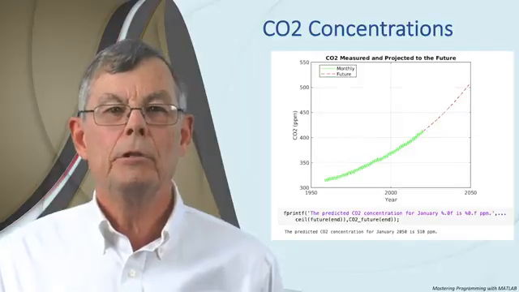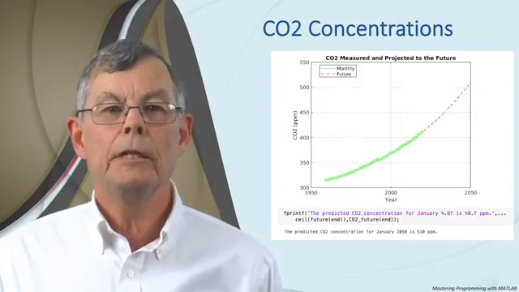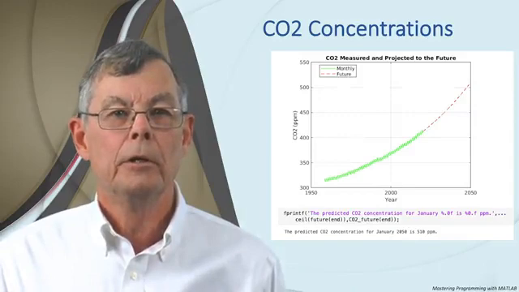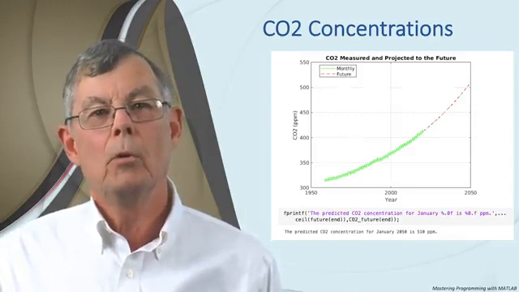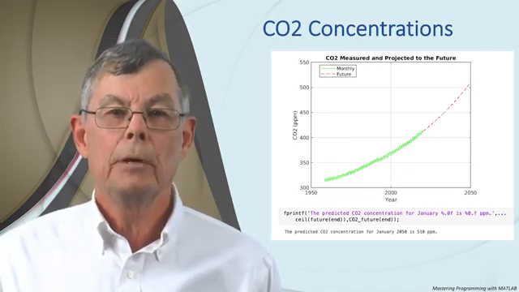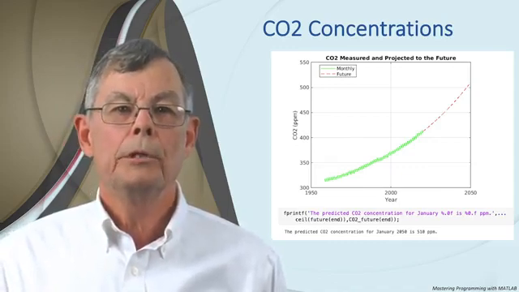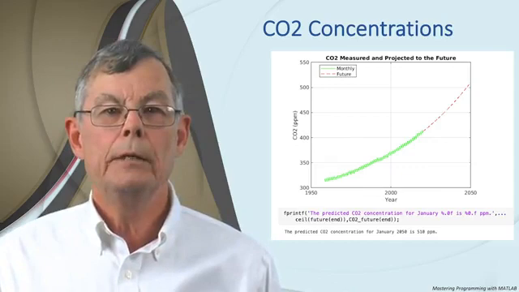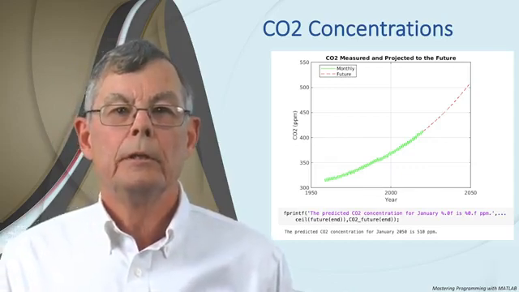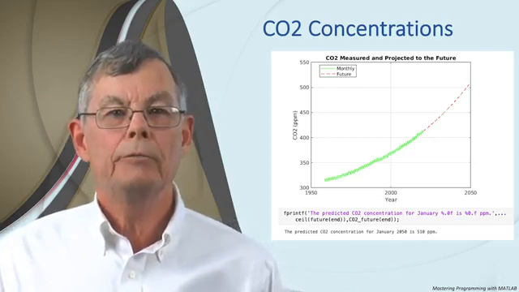Considering that CO2 concentrations have never once exceeded even 300 parts per million for the previous 800,000 years before 1960, according to Antarctic ice core measurements, there's clearly something going on here. Of course, predictions can only be as good as the input data and the model. Our model is very simplistic. It doesn't consider the actual scientific phenomena.